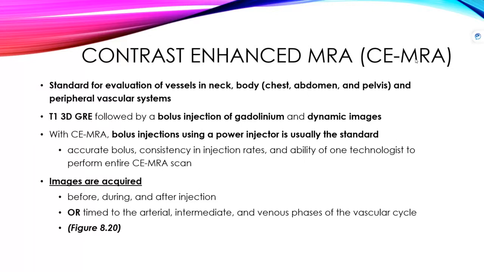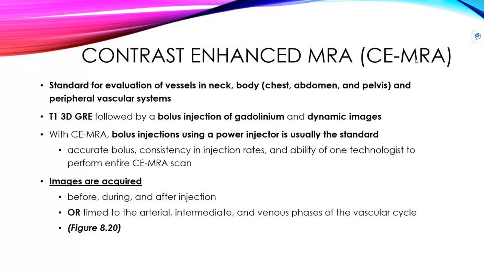And down here on the same page, it says technical considerations for enhanced MRA. Enhanced is contrast enhanced. Sometimes you hear enhanced, sometimes you hear contrast enhanced. Same thing. Enhanced means that we've enhanced it with something external like contrast. So protocol parameters, injection method, contrast type and dosage, and scan timing.